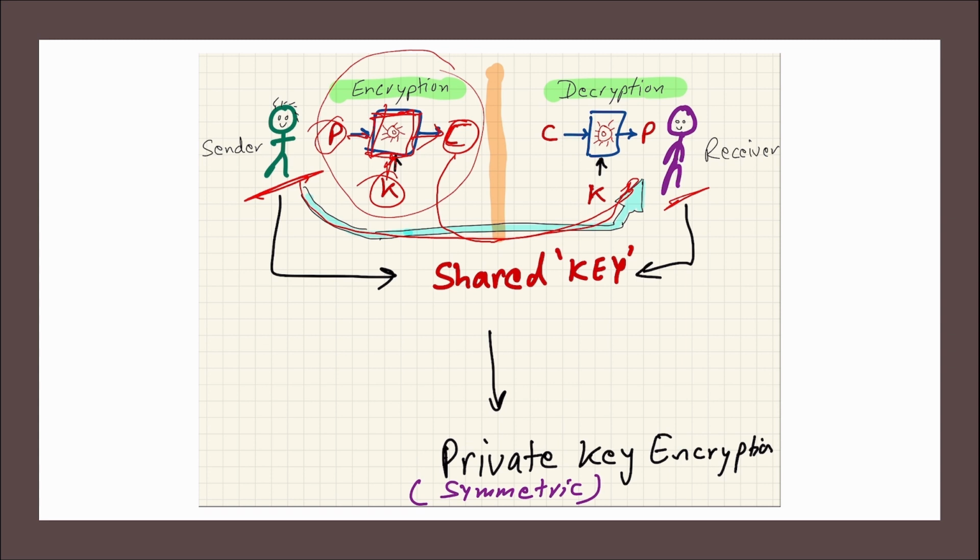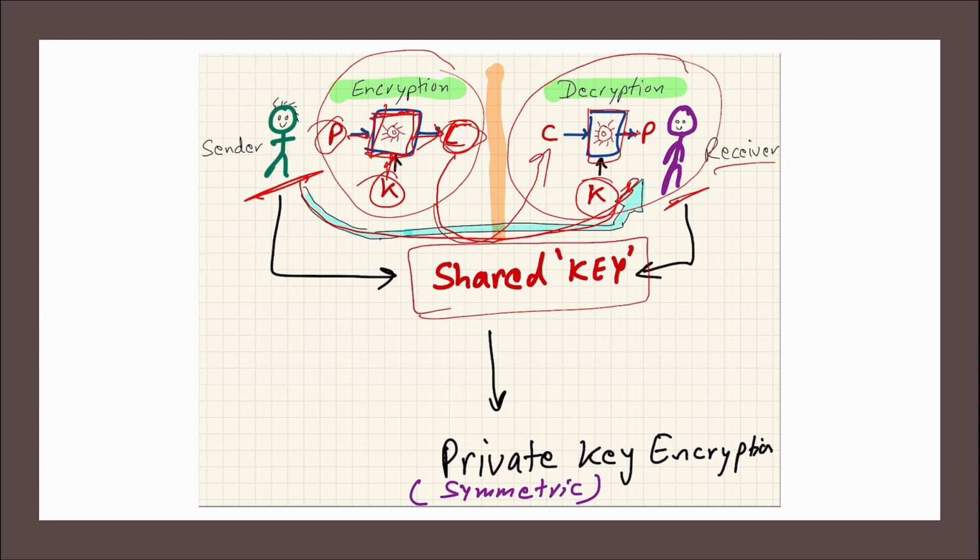This receiver will decrypt that ciphertext. So this ciphertext which is delivered here will be input into a decryption algorithm which will use a secret key or shared secret key and generate a plain text at the receiver's end. So basically it's the same example which we discussed in the previous slides.